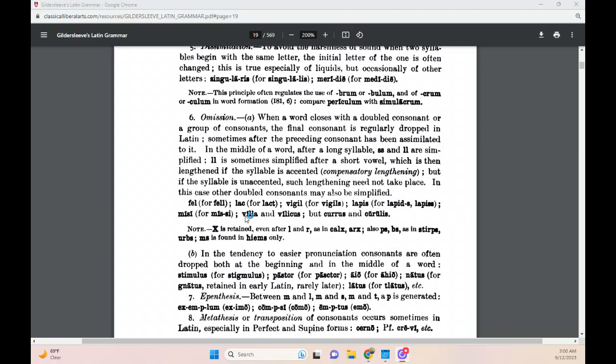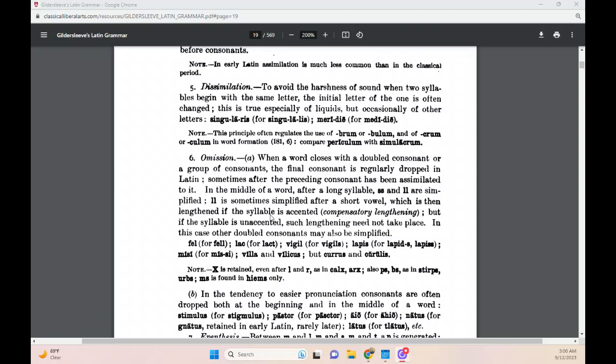So if we were to divide the word villa, we would separate the two L's. The first syllable would be vil, and the second syllable would be la. We would divide the word between those two L's. So that's a good example for us.